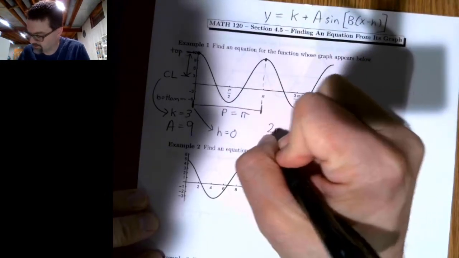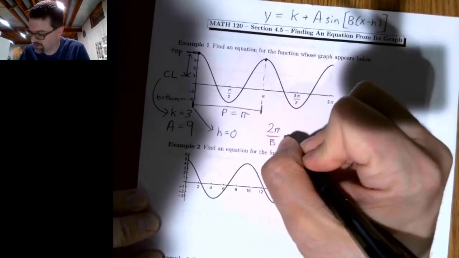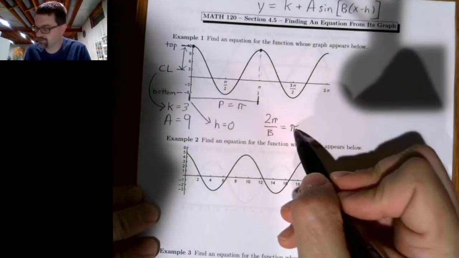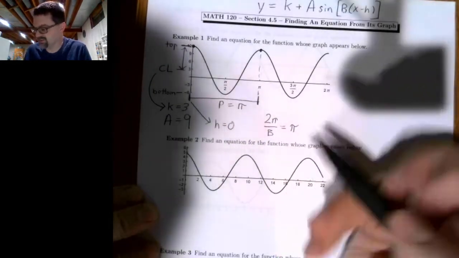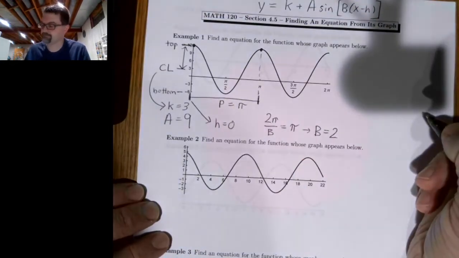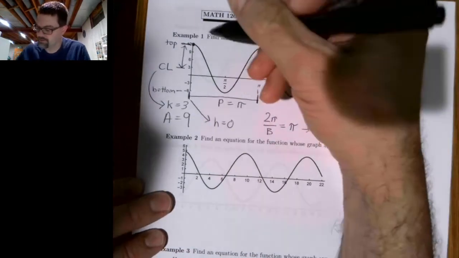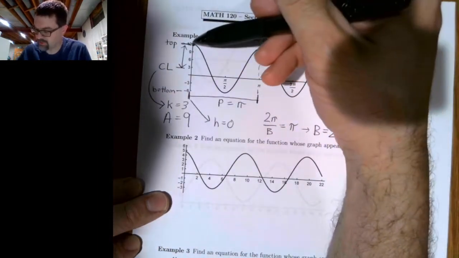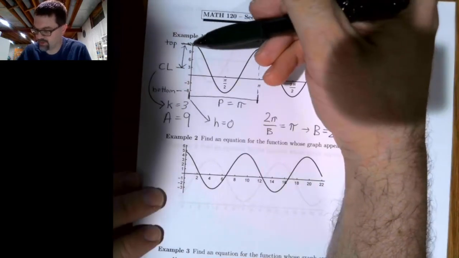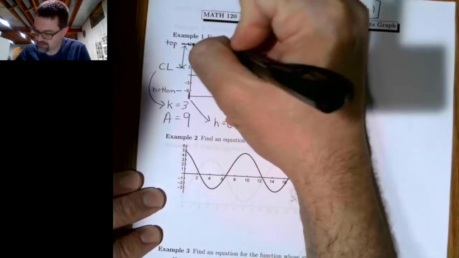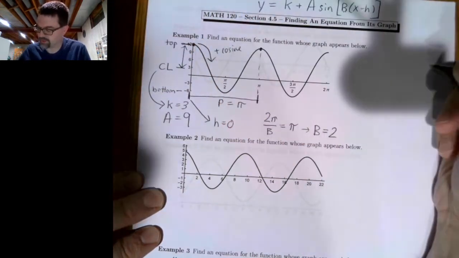The formula for the period is 2 pi over b. And b has to be the number that makes that come out to be pi. And you can pretty clearly see that b has to be 2. Okay, so that's all our letters, and now it's just a matter of, we started our wave at the top and went down, and that is the sign of a positive cosine function.